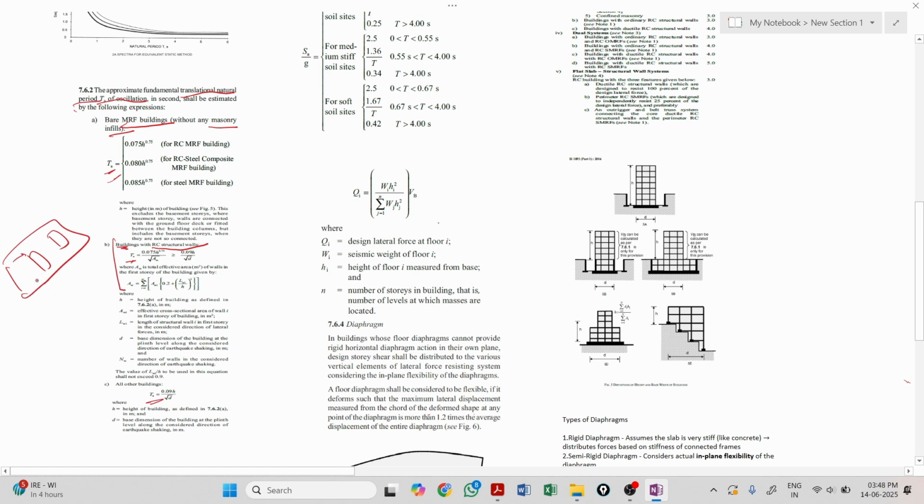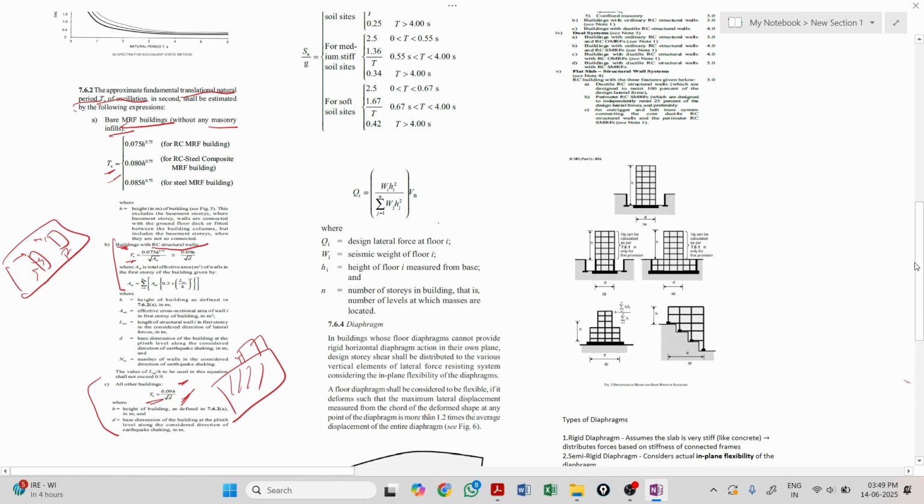Some of the load will be distributed to it. How much load the shear wall will take depends on that, and on all the other buildings. So imagine you have a building where you have provided all the infills, that is walls and stones, and in that case we are going to use this method.